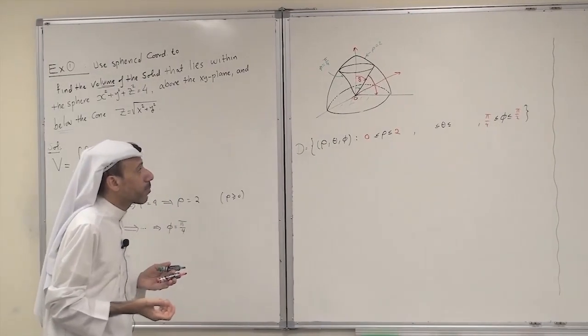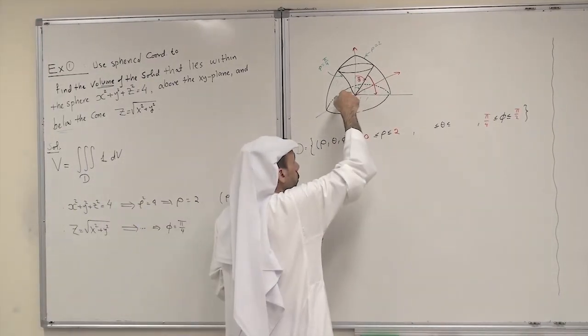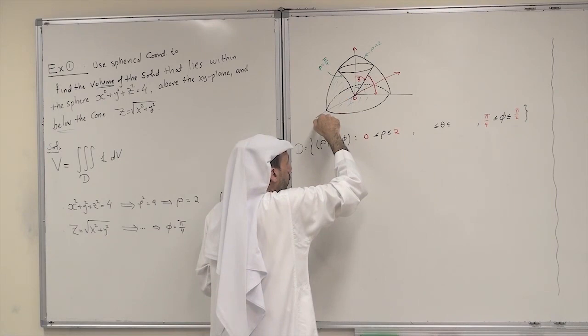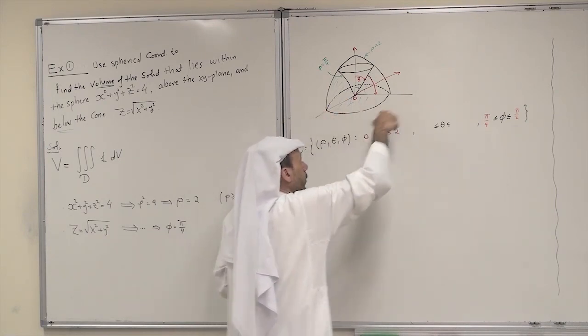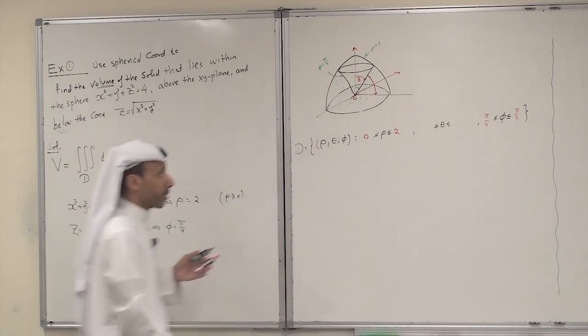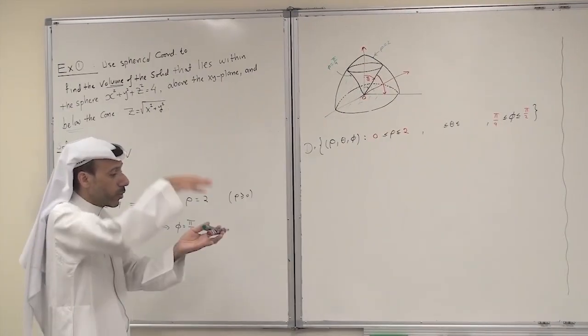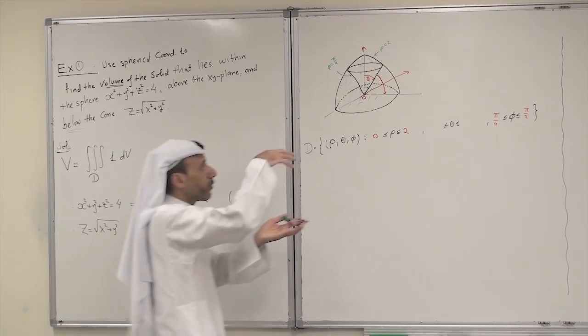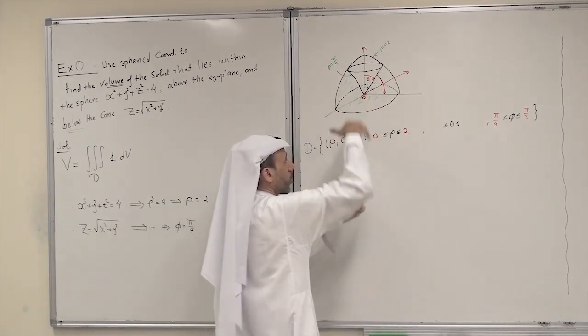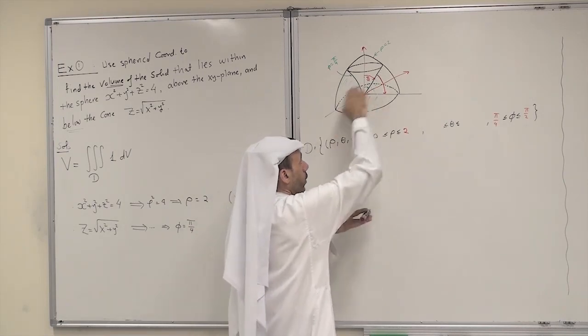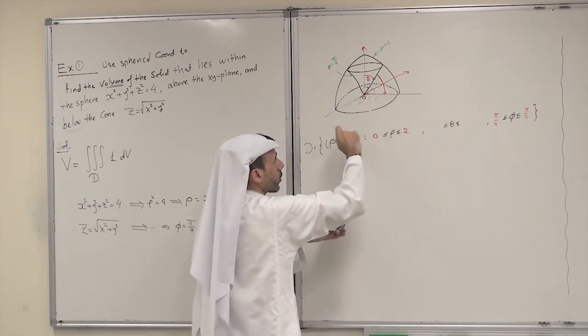What about theta? Notice that theta we measure rotating on the xy plane, starting from the positive x-axis. Now, the solid is on the full xy plane, just inside the sphere, in all quadrants. It is not only in the first quadrant.